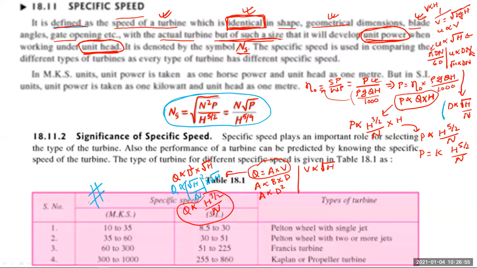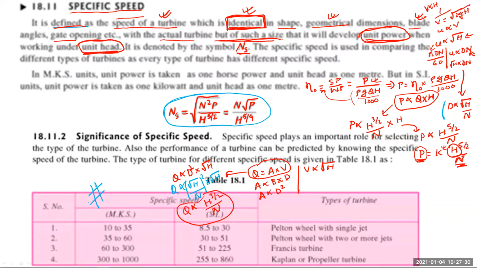Now, come back to your definition of specific speed, the definition that we have written here. It is defined as the speed of turbine, speed of turbine means this N, which is identical in shape, dimension, everything with the actual turbine, but the size is such that it develops unit power when unit head is provided. Here you can see unit power it will generate when unit head is available.